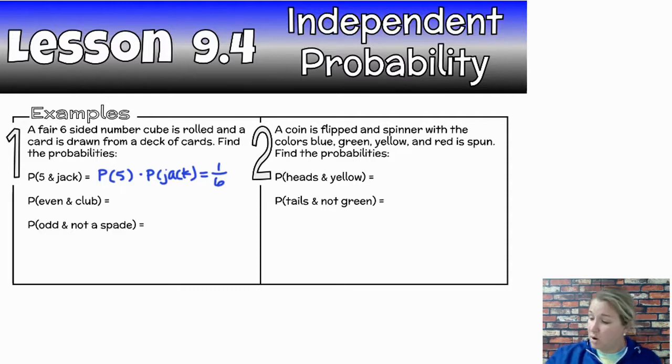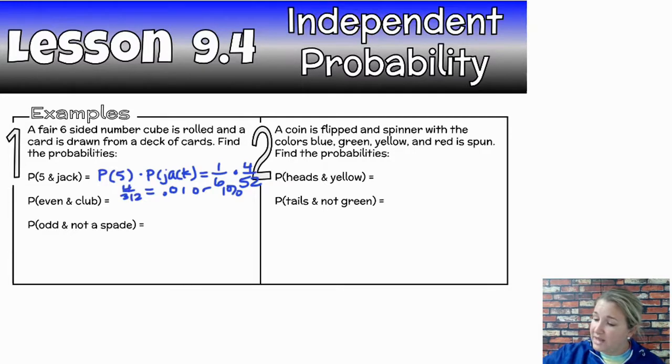Times the probability of a jack, which is 4 out of 52. You could do some cross reducing here, or reduce the 4 over 52, but you don't necessarily have to. You can just multiply top times top and bottom times bottom. What we get here is 4 over 312. Dividing that gives me 0.01 or 1%. So that's what we have going on there.